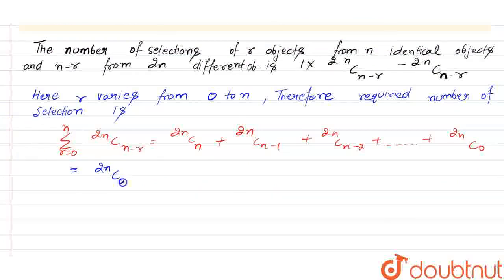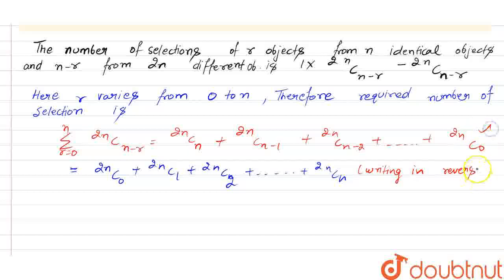So now we can write it as 2n c 0 plus 2n c 1 plus 2n c 2 and so on up to 2n c n. See how we can write it? We can write it by writing in reverse order of this equation.